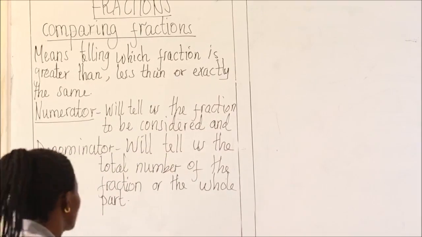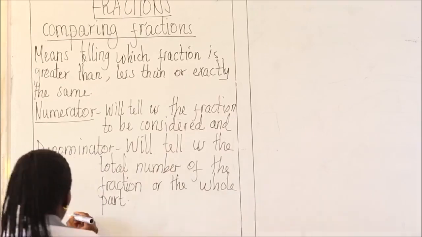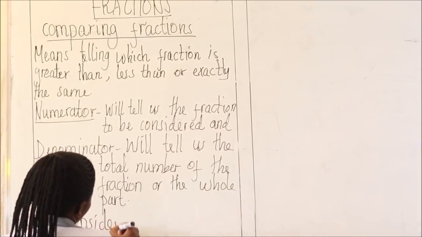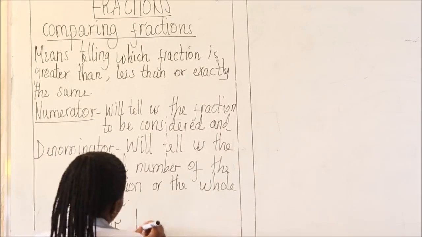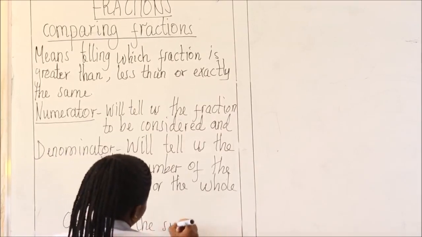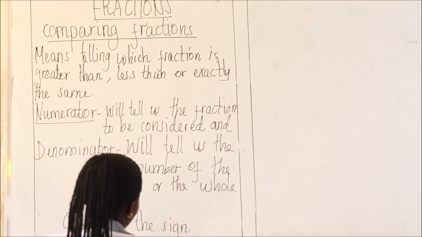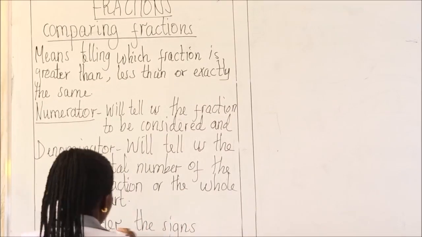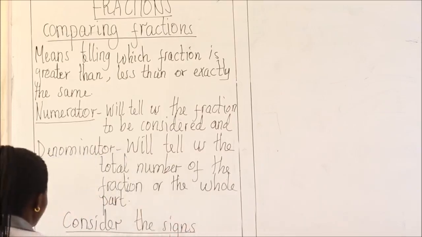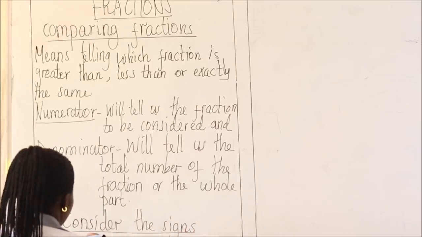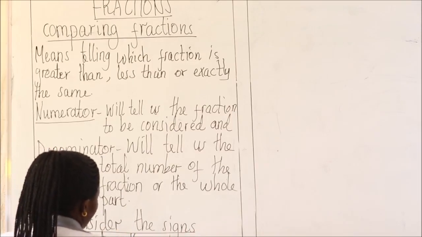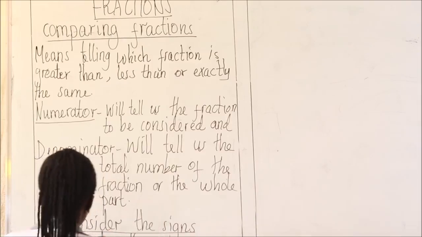Let me write a bit on these signs so that you know the signs that we are using in mathematics. In short, we have this sign here, which represents greater than.